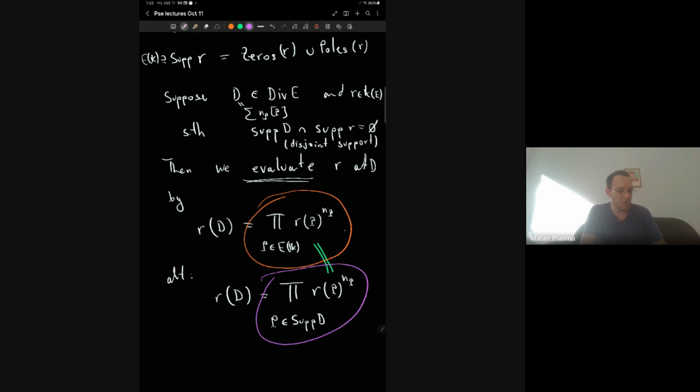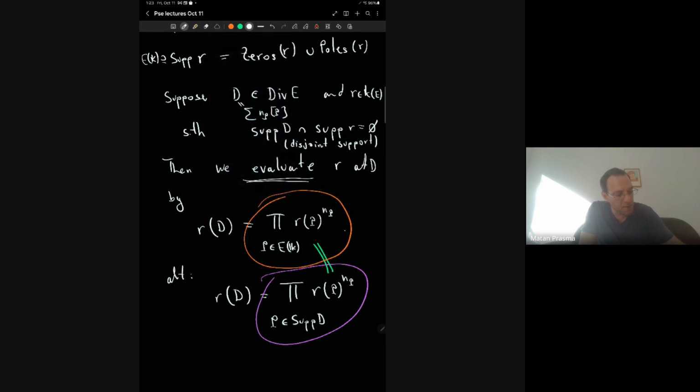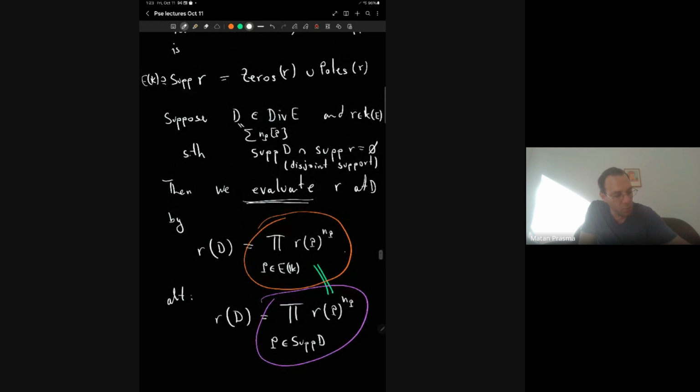The product in purple is always defined because of the condition that the two things have disjoint support.